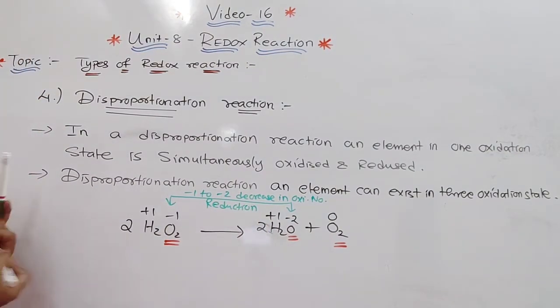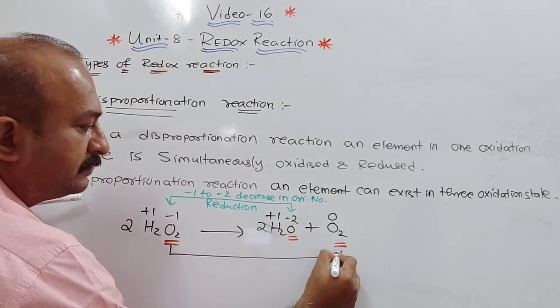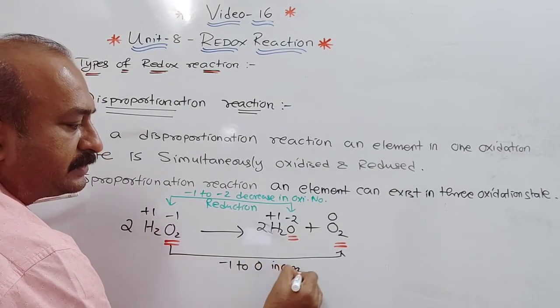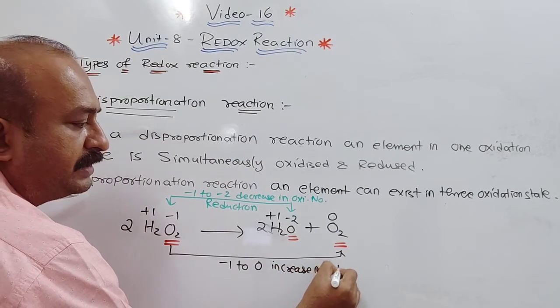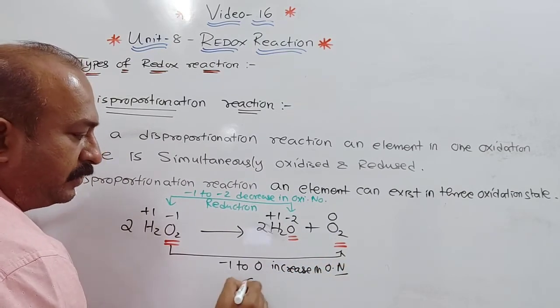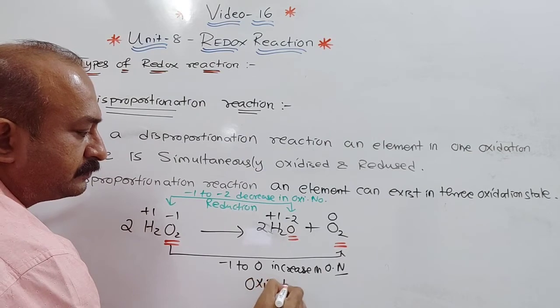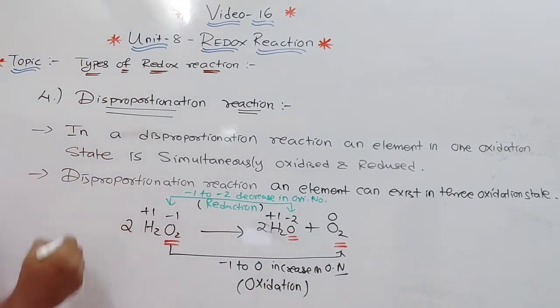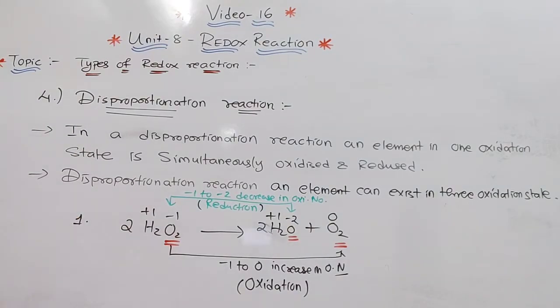Then if you see this same oxygen here, that is -1 to 0. 0 means increase in oxidation number, therefore oxidation. Understood this part? So the same oxygen is oxidized and the same oxygen is reduced. That type of reaction we call disproportionation reaction.